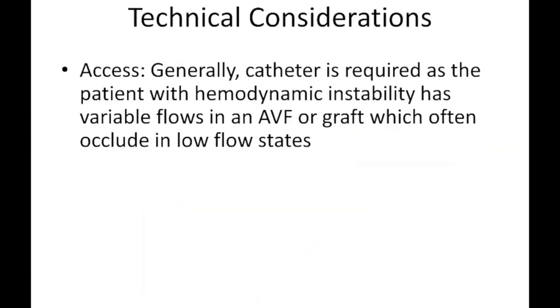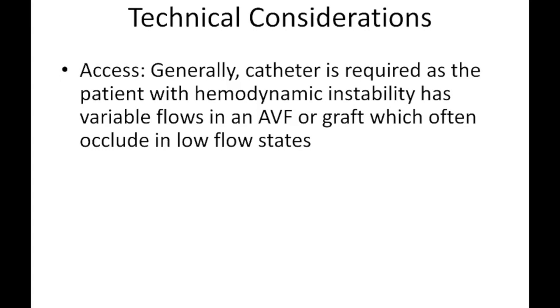So moving to some of the technical considerations with CRRT in general, usually a catheter is required. An AV fistula or graft, if a patient is hemodynamically unstable, can have difficulty sustaining the amount of blood flow. But mostly it's because the patient's going to be on this therapy for many, many hours at a time.